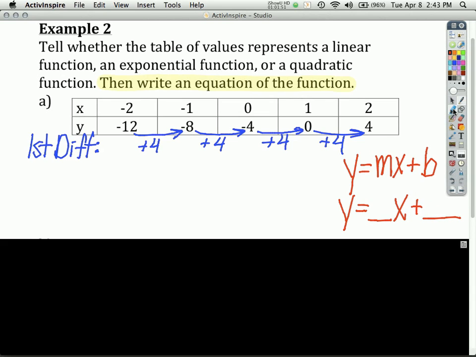We have to find this piece of information and this one. Can anyone help us out? Ziomara, what do you see? The slope is +4. Are you sure? Okay. So she thinks that the slope is 4. We'll get back to that in a second. What about the other piece of information? How are we going to get that?